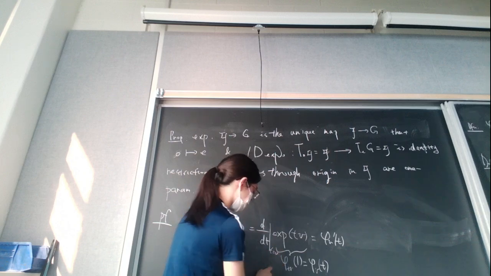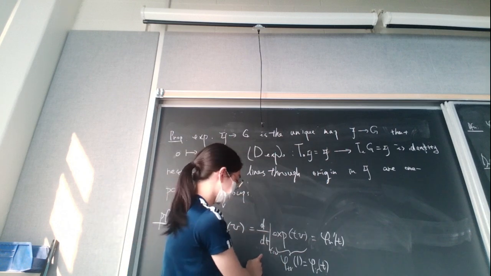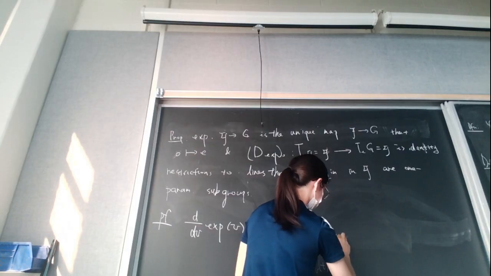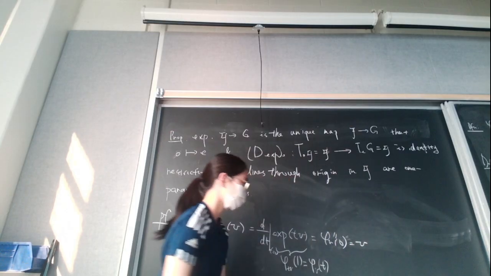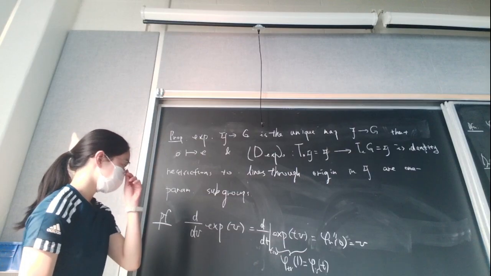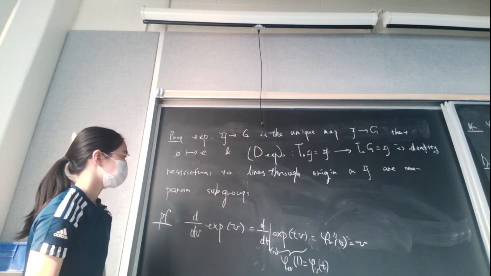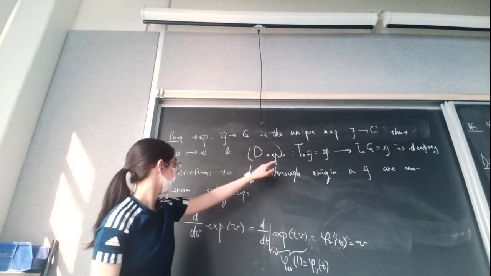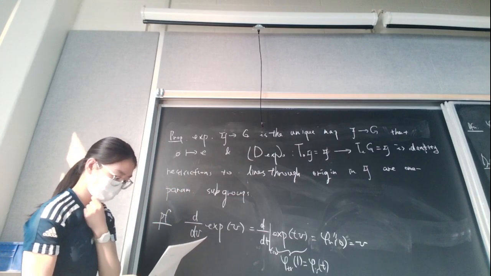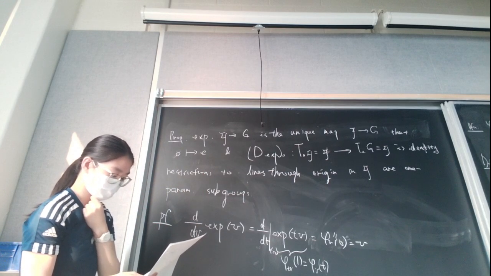Sorry. The derivative at t equal to 0 is equal to b. And that shows this, and this uniqueness.